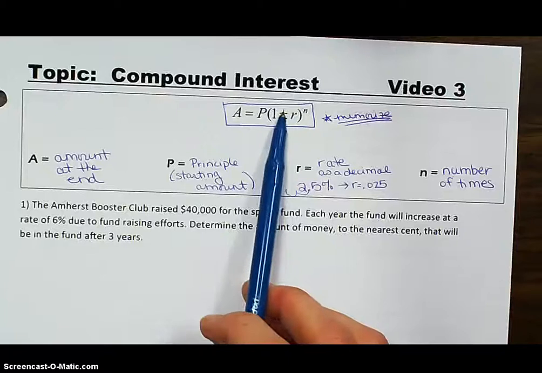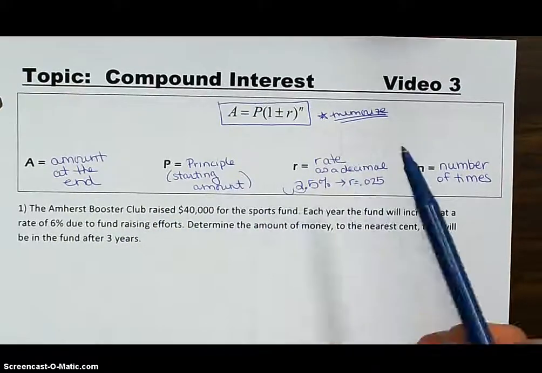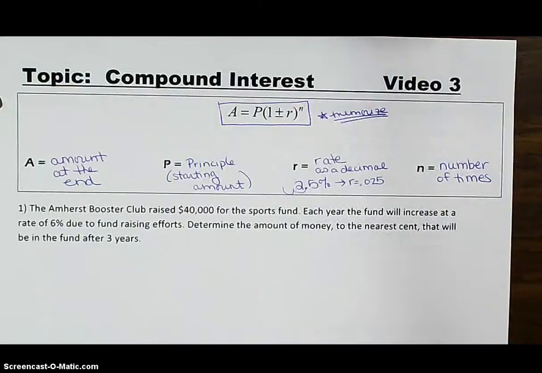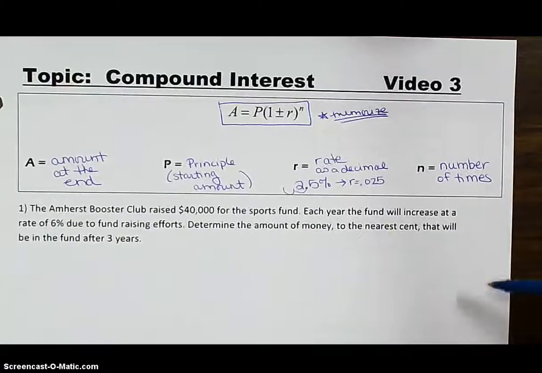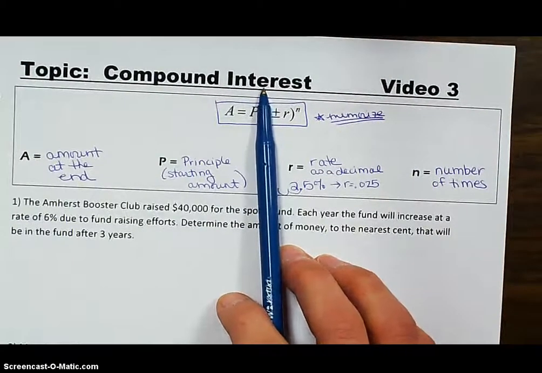Another example, when it's decreasing, would be the value of a car. You buy a car, and every year after you own it, it's not worth the same amount it was when you first owned it. Every year it goes down in value. That's compound interest when it's decreasing.